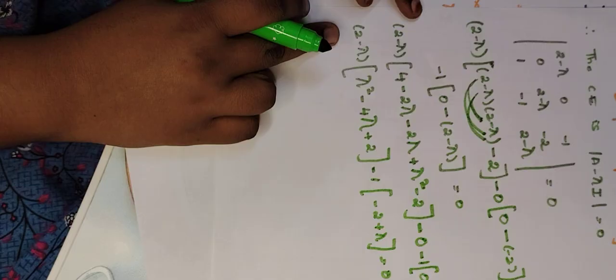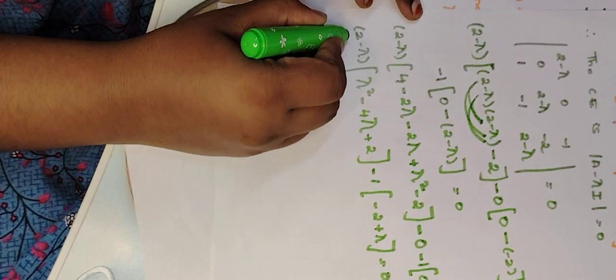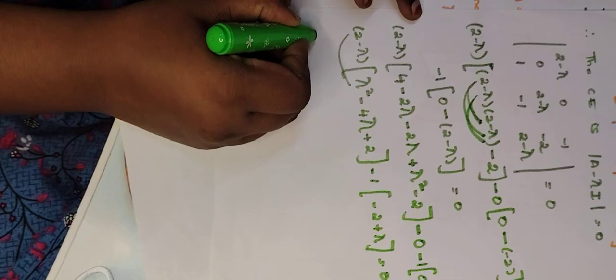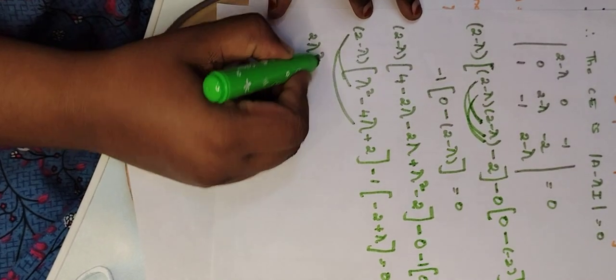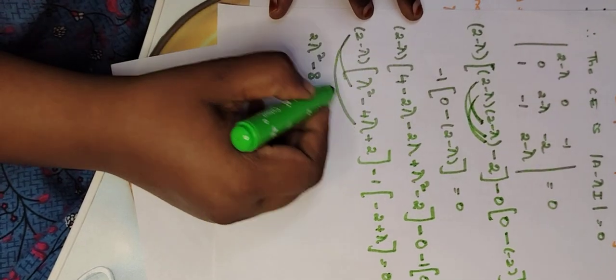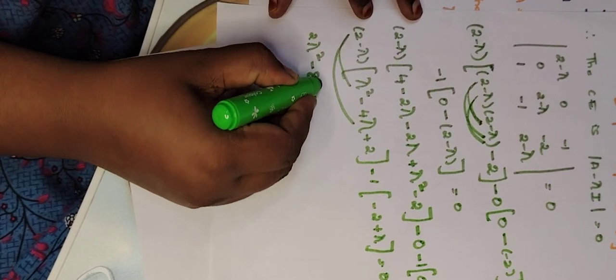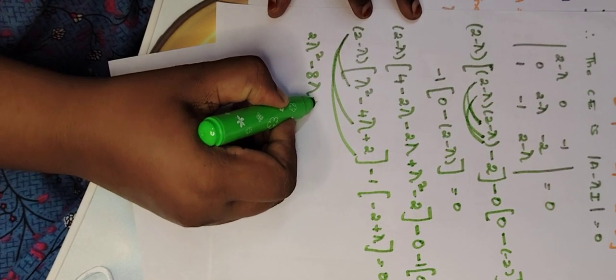Now we are going to multiply this term inside the bracket. If we multiply 2 by lambda square, it is 2 lambda square. 2 by minus 4 lambda: 2 into minus 4 is minus 8, so minus 8 lambda. 2 into 2 is 4, so plus 4.